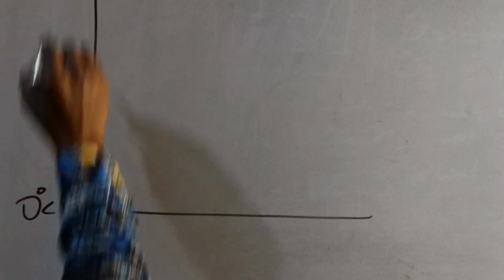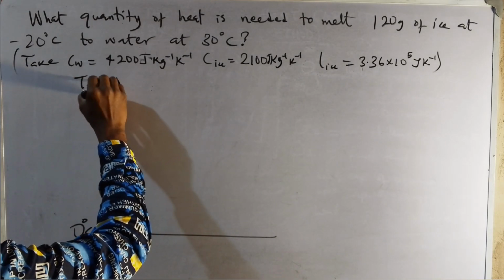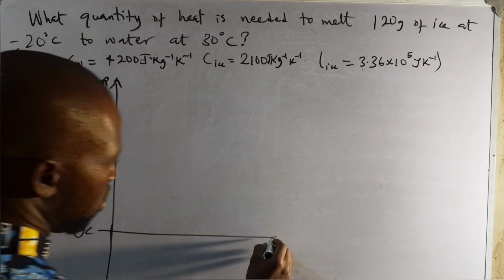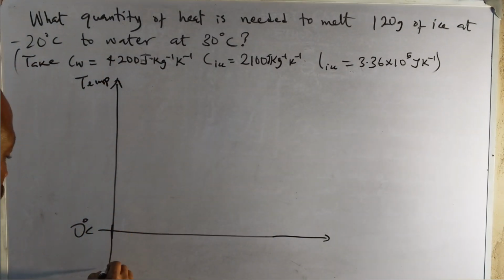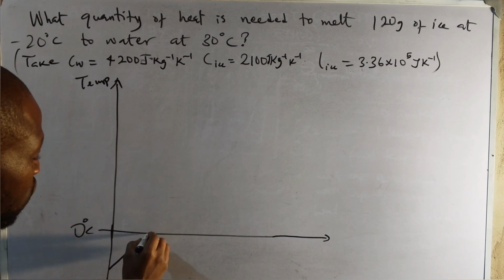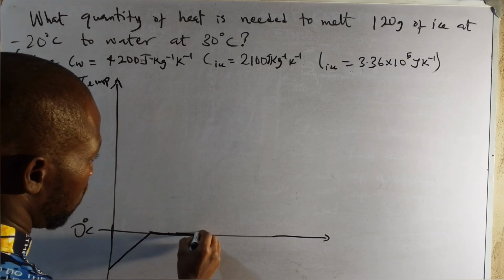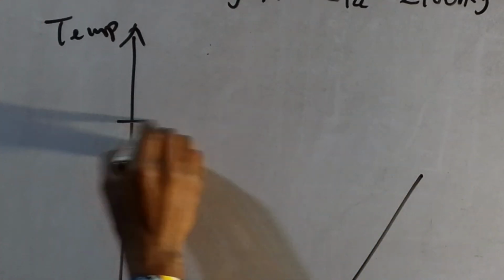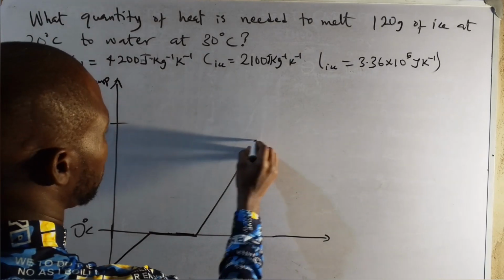So if this is our 0 degrees Celsius, this axis is temperature. This is negative. It gets to 0 and goes this way, then gets to 100. This is water, remember.